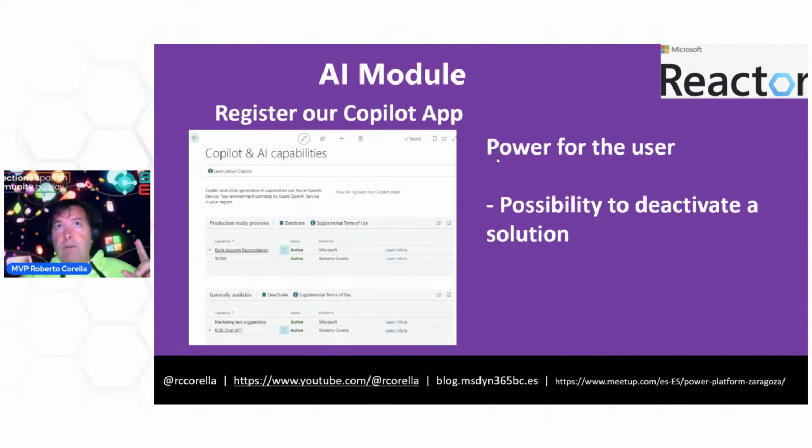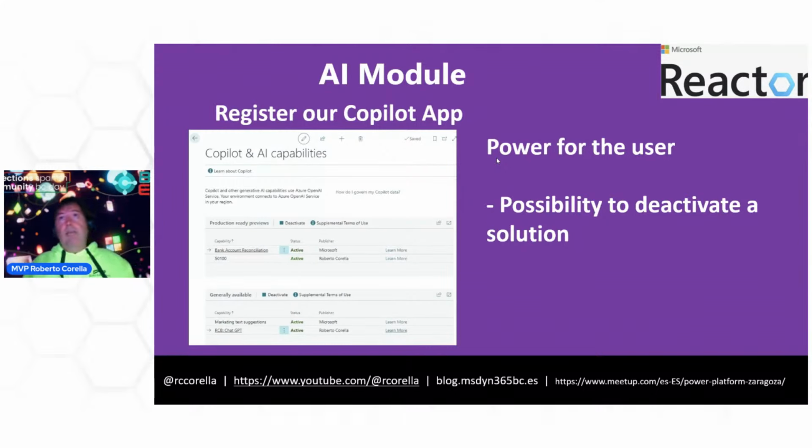Because it's very important to know that the out-of-the-box parts, marketing text or bank account reconciliation, for now are free, right? The use is free. It's included with the Business Central subscription. But if you use your own Copilot, if you use your own system, then you need to use your OpenAI, and then you need to pay for this, right?